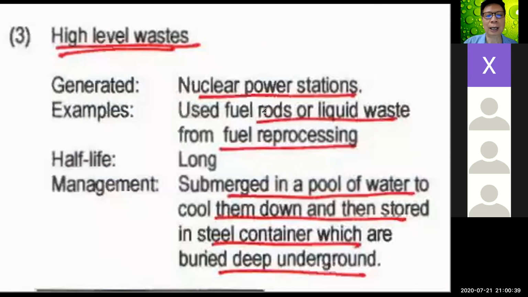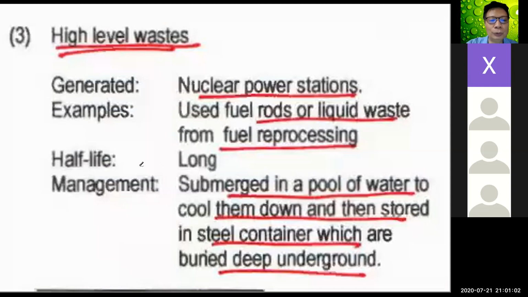Once finished already, you have to throw the rod, isn't it? Used fuel rod or solid waste from fuel reprocessing. So now the half-life, of course, is longer. Uranium, the half-life is 5,000 million years.